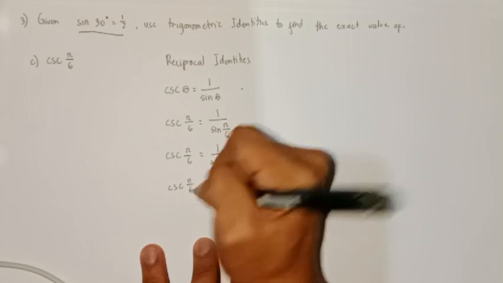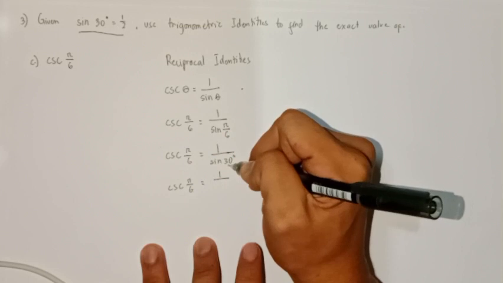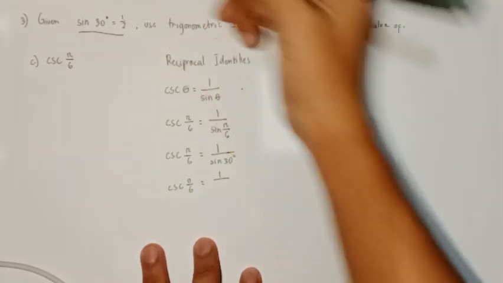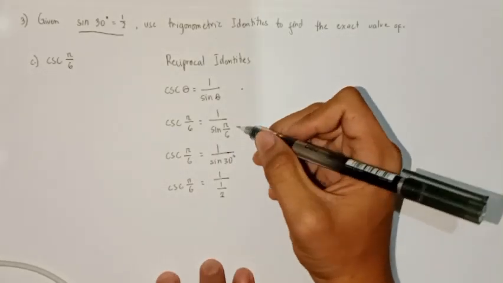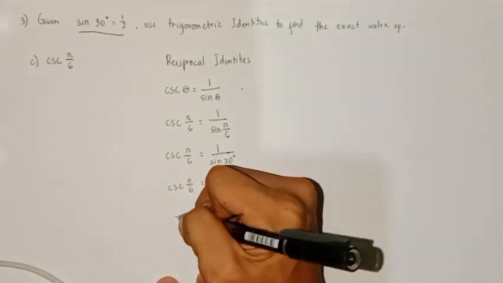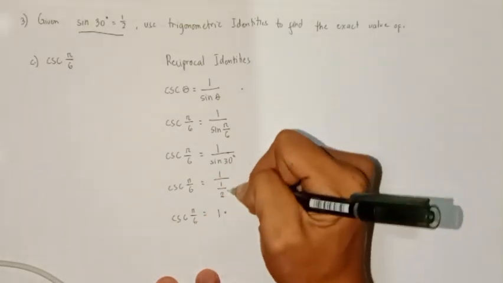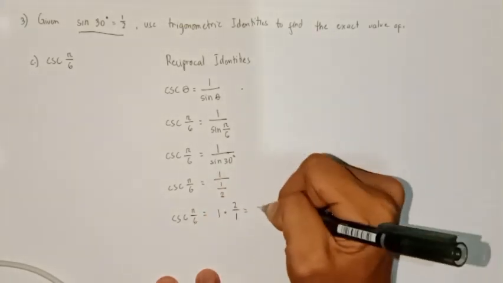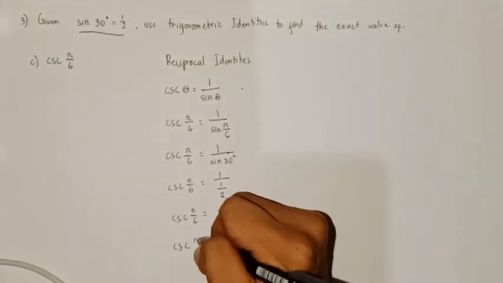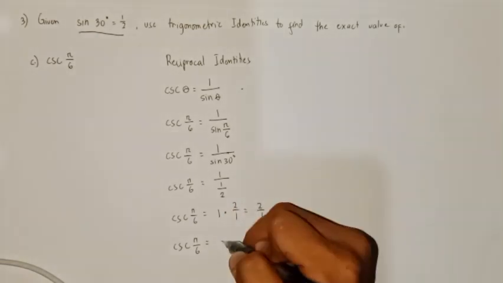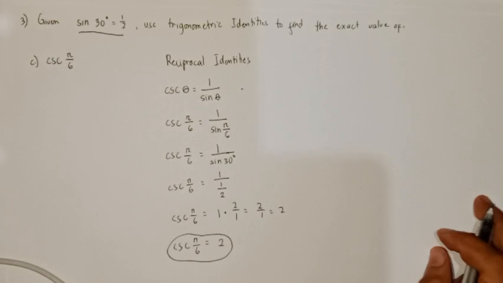Cosecant pi over 6 is equal to 1 over, since sine 30 degrees is equal to 1 half, so we will substitute. So 1 over 1 half. So cosecant pi over 6 is equal to 1 times the reciprocal, 2 over 1, which is equal to 2. So cosecant pi over 6 is equal to 2. This is now its exact value.